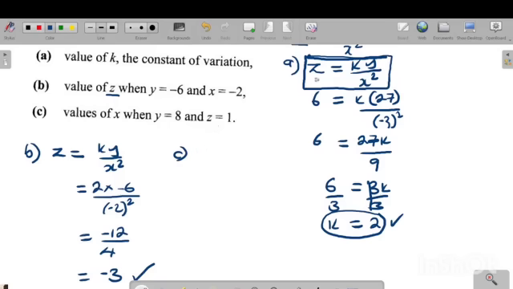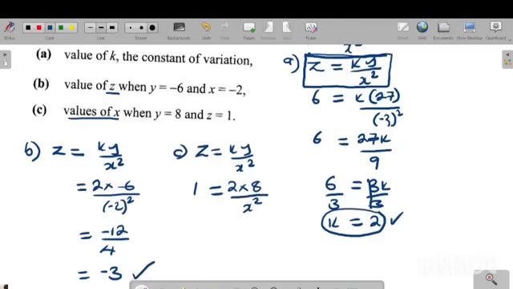So again, the first equation is very important. So z is equal to ky over x squared. Okay, so they want you to find the values of x, not only one but values. So z is 1, so we're going to have 1 is equal to k is 2, we found 2, times y is 8, then divide by x squared.